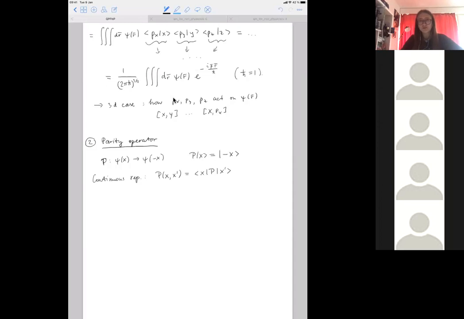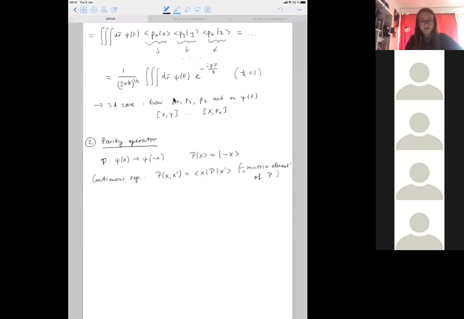This can be understood, going from the continuous case back to the finite-dimensional case, as just the elements of the matrix that would correspond to the operator P in this x representation. But here this matrix is in a way continuous. So these are matrix elements of P.